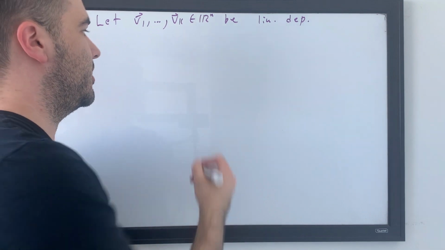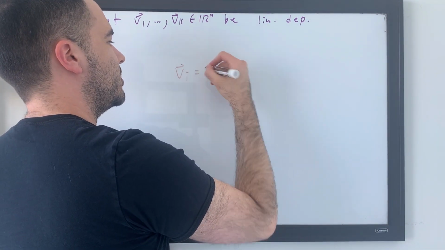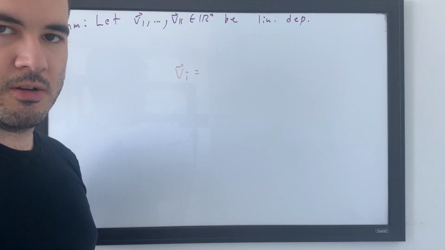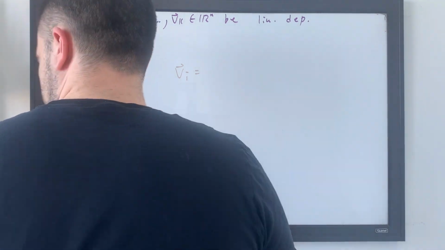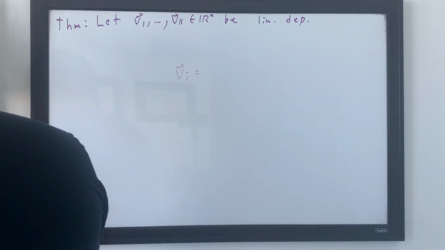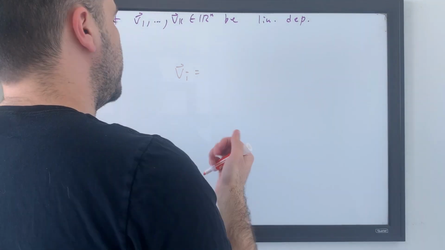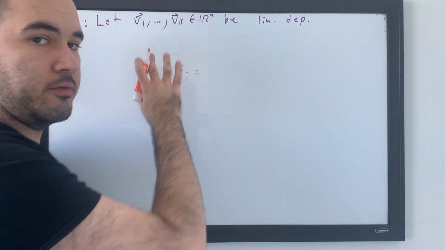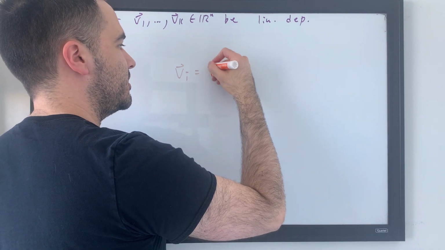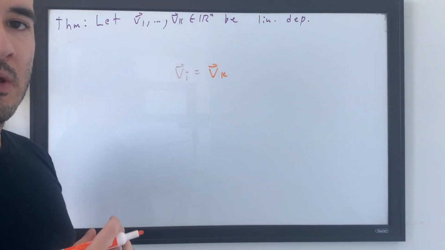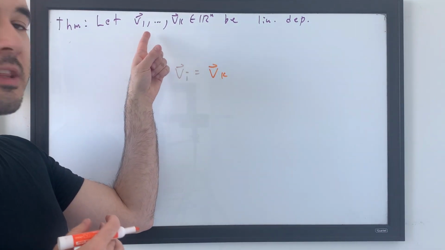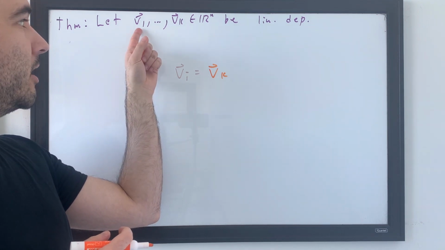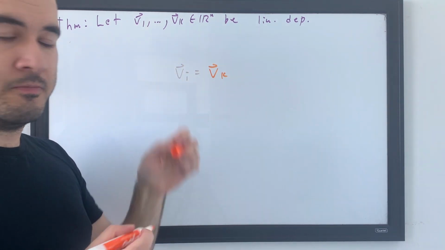Then there technically is a vi which is written as a linear combination of the others. Now, for the sake of making this a little bit easier in the proof, I'm just going to change the order of these such that vi is specifically vk. So for instance, if it was the second one that ended up being the combination of the others, I'm just going to move it to the end.